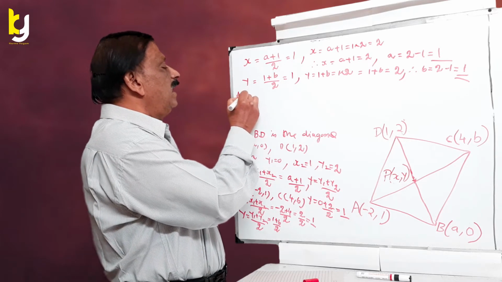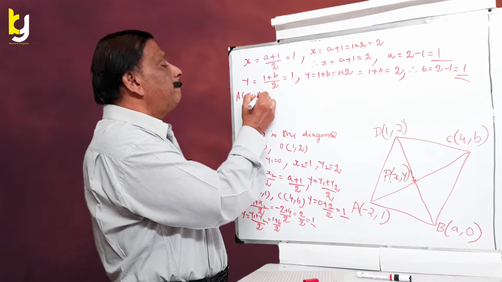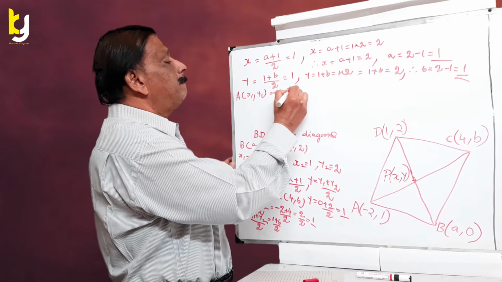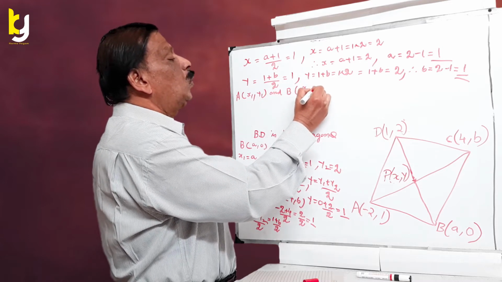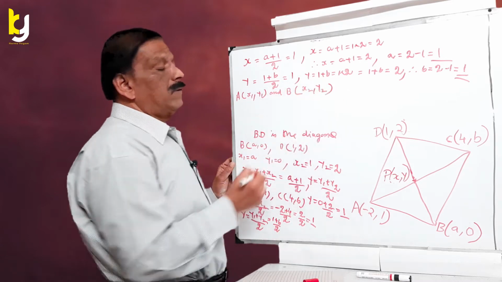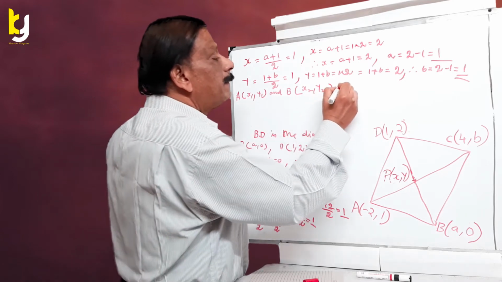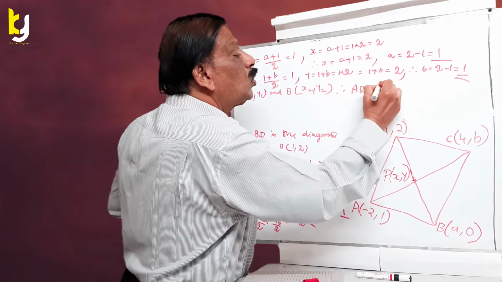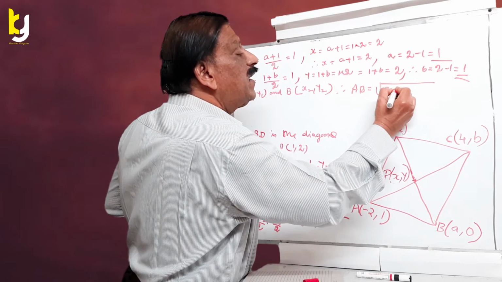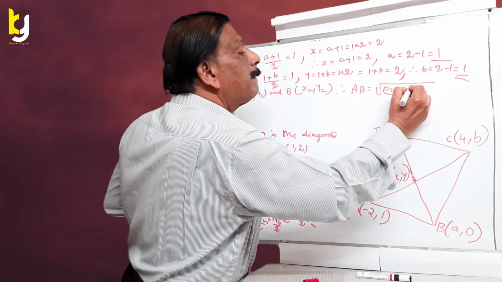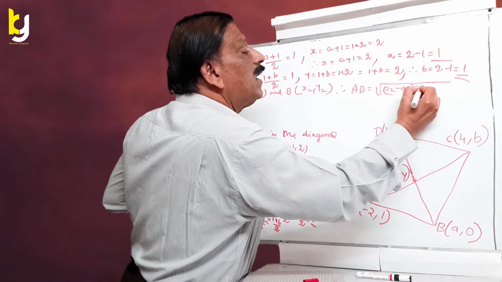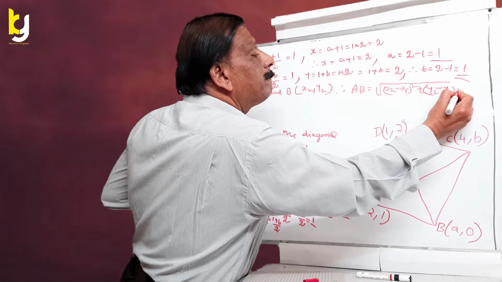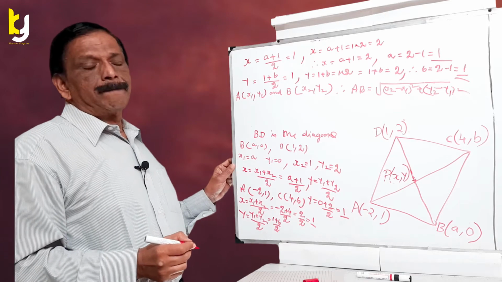If A is (x1, y1) and B is (x2, y2), therefore AB equals root of (x2 minus x1) whole square plus (y2 minus y1) whole square. That is the distance formula.